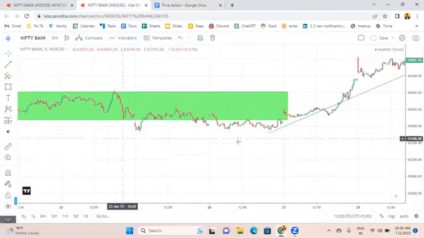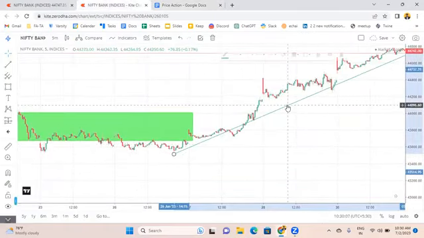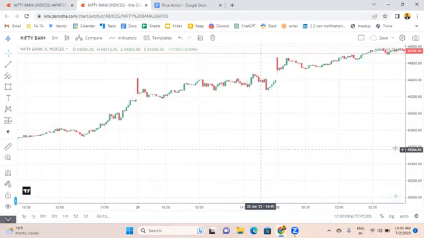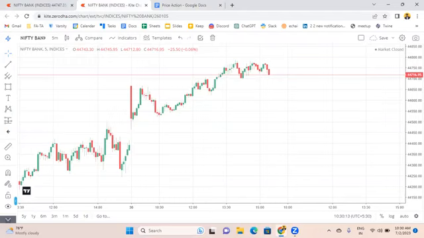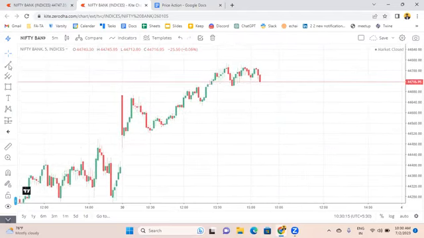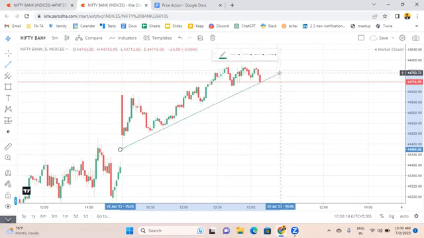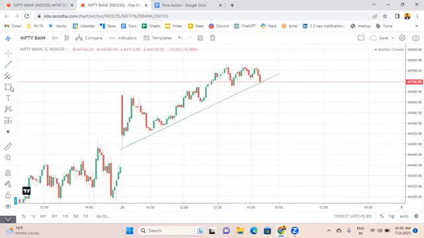So let's see it in the chart, correct? This is a clear uptrend, right? Let's consider this point and let's mark.